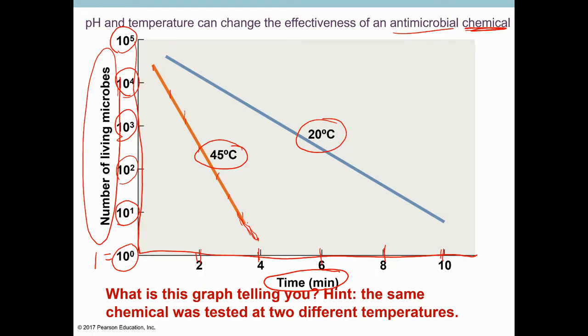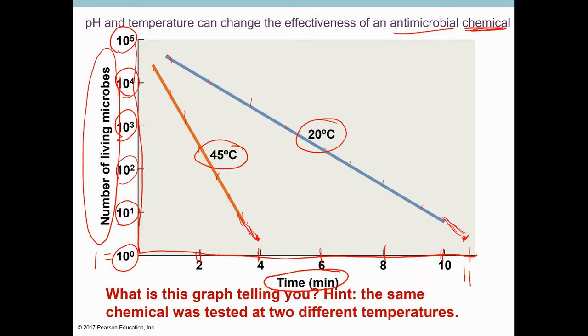When you did the same experiment at 20 degrees, the swabs did have a decreasing number of microbes, but you only reached the same endpoint somewhere around 11 minutes, that you reached at 4 minutes when you did the experiment at 45 degrees.